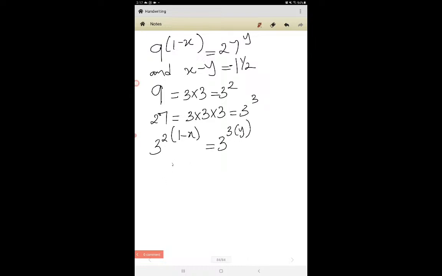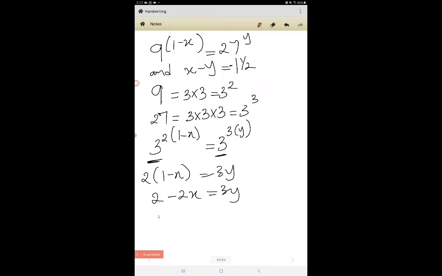From the first example I did in the first live class, as I've said earlier, the bases are equal. Since the bases are equal, meaning that 2 onto 1 minus x is equal to 3y, which is 2 minus 2x is equal to 3y.